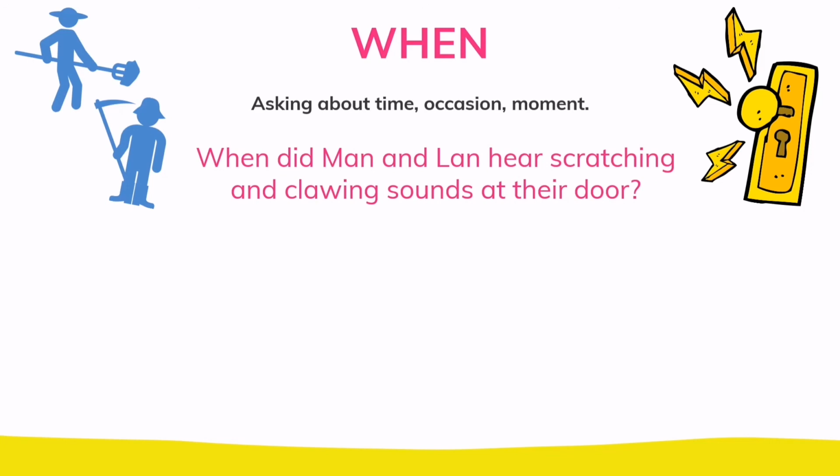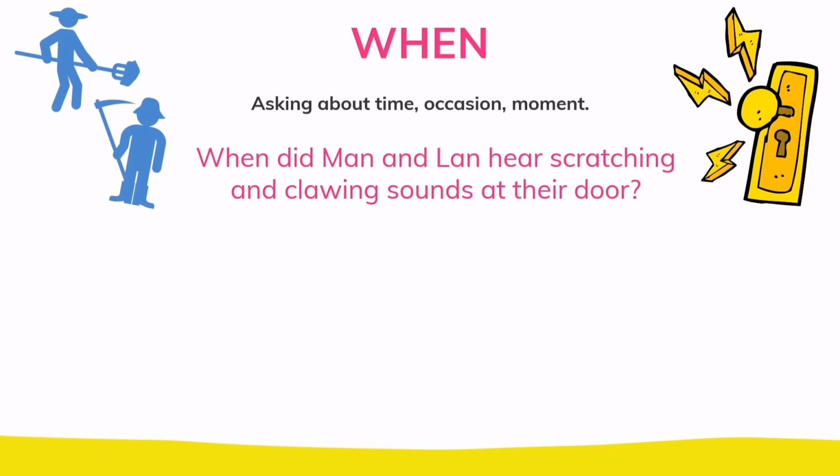Finally, we have come to the last question, iaitu which is when. W-H-E-N, when. When asking about time, occasion or moment. Macam Madam sebut dah tadi, sebab tu Madam tunjuk gambar clock. Okay, the question is, when did Man and Lan hear scratching and clawing sounds at their door?